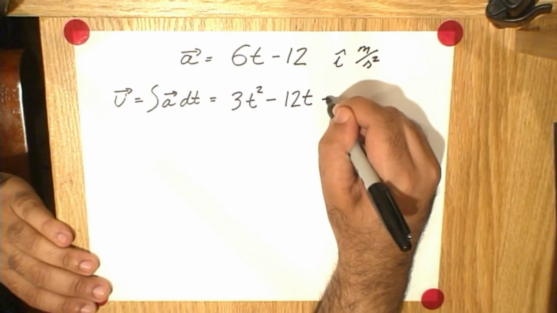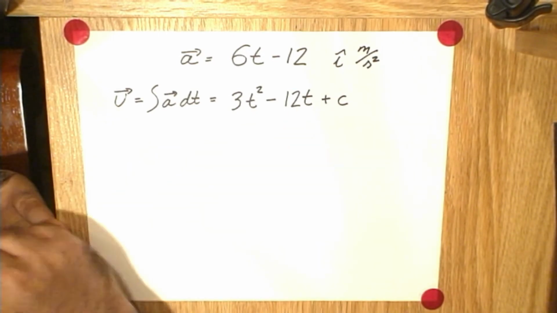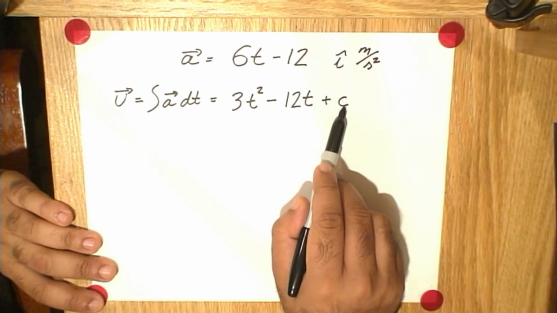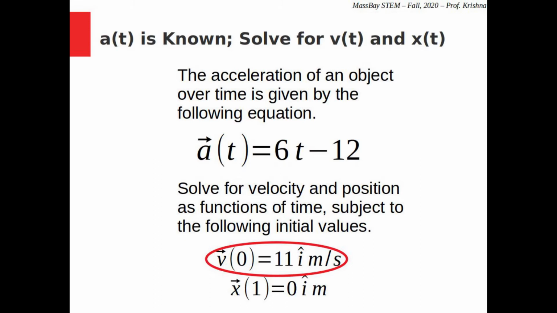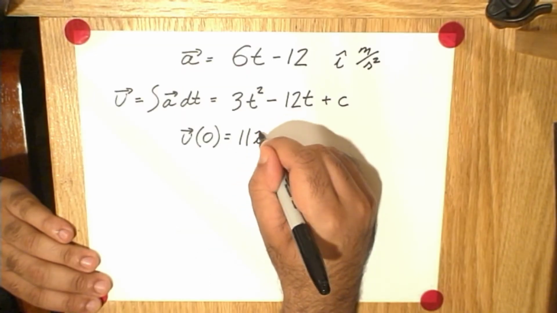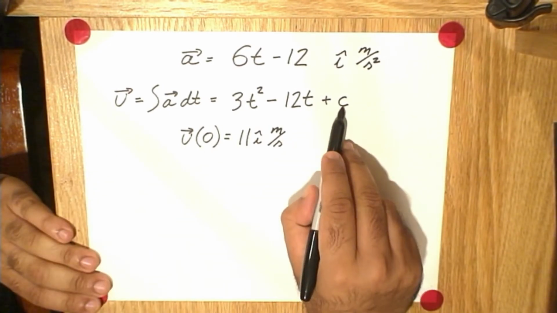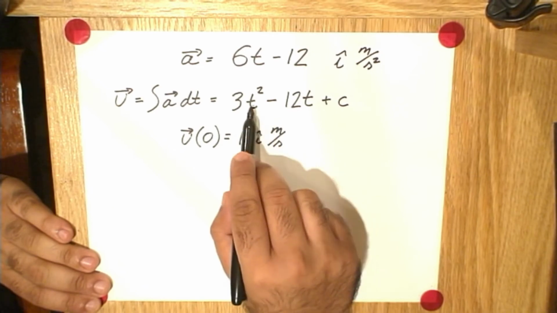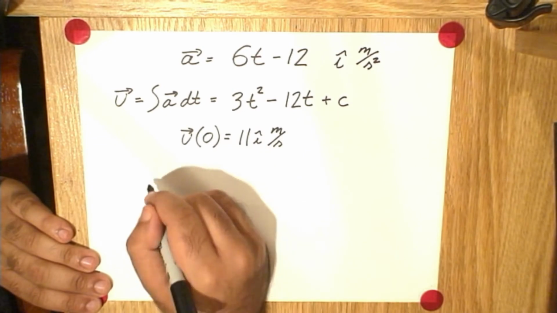And finally, we have to add the ubiquitous plus c to account for whatever the initial value of the integral was. Now we need to figure out what the value of c is before we can proceed. We were told that the initial value of velocity was equal to 11 i hat meters per second. c is whatever the value of velocity is when t is equal to 0, so in this case that would just be 11.